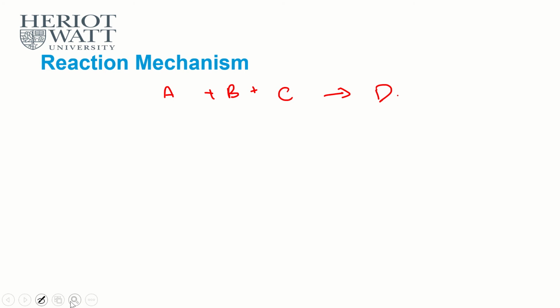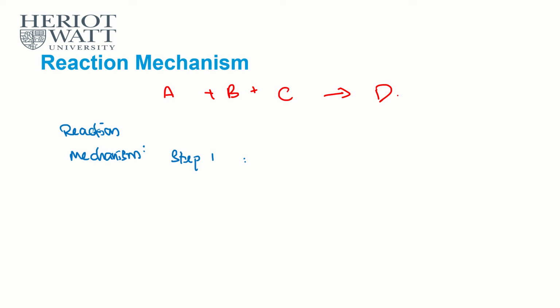So let's say, for example, I give you this example in terms of reaction mechanism. It's something like that. Guys, this is just an example, I just made it up.